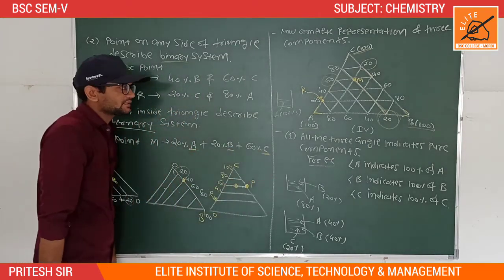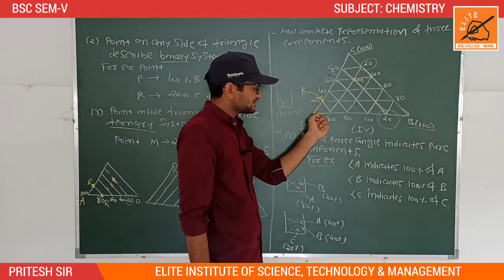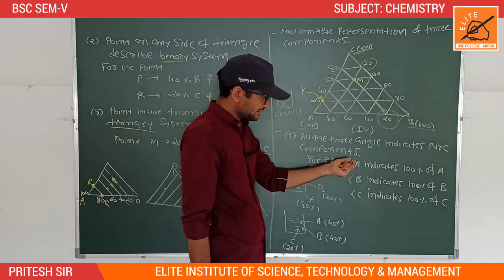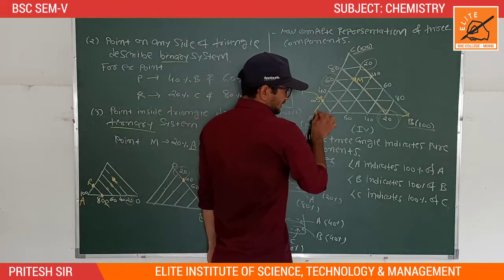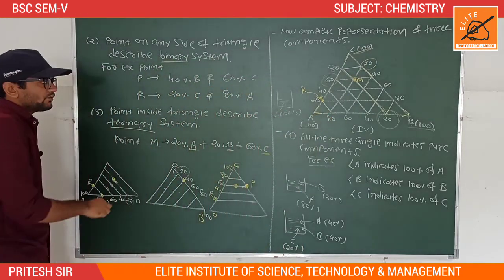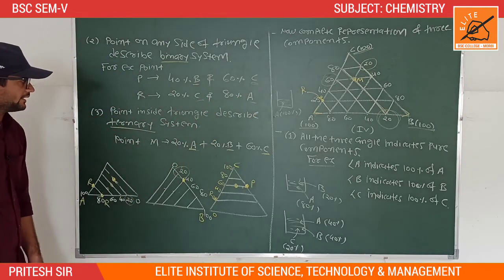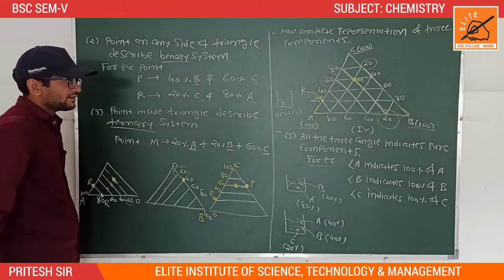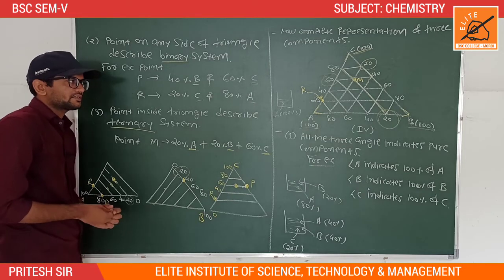A point at any corner of the triangle indicates a one-phase, single-component system. A point at any side of the triangle indicates a binary system, meaning two different components are present in different compositions. And a point inside the triangle indicates the ternary system, meaning three different components are present. So this is the basic representation of a three-component system.